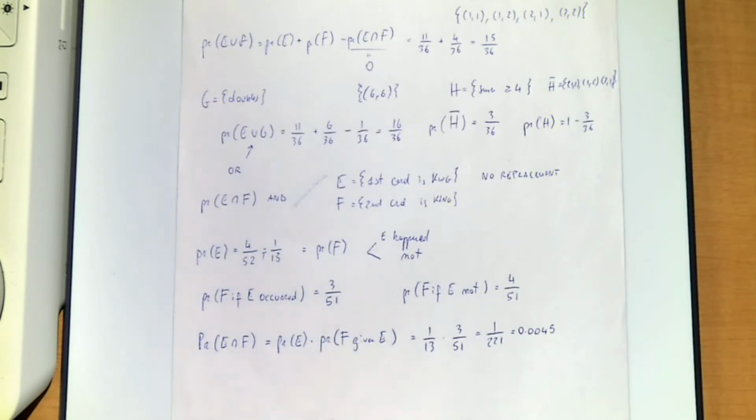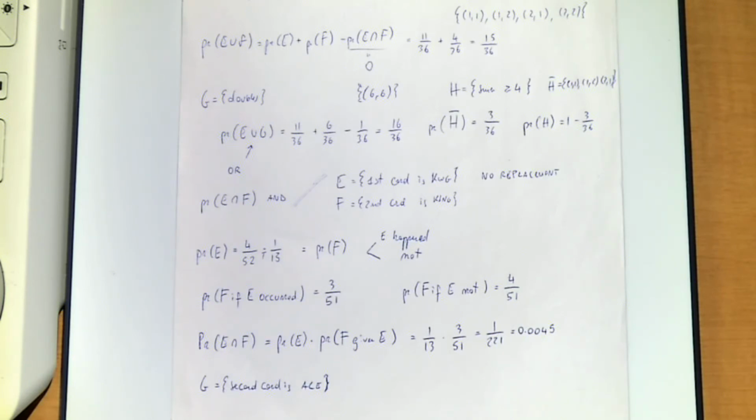Okay, now let's consider the event G: the second card is an ace. Now things are different because the occurrence of E changes G. G is 4 over 52, but it becomes 4 over 51 if a king is drawn.